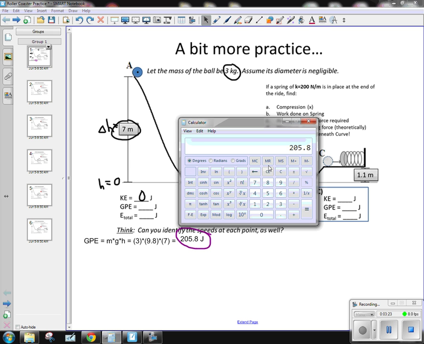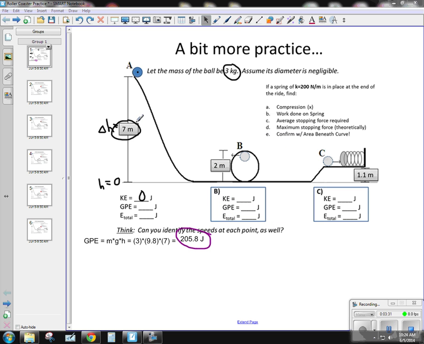Is that correct? Let's go back through. 3 times 9.8 times 7. Yeah, 205.8 joules. Good. So that defines the total energy of the system. For simplicity's sake, I'm just going to round it to 206. So the total energy of the system, it's all these energies added together, it's 206 joules.